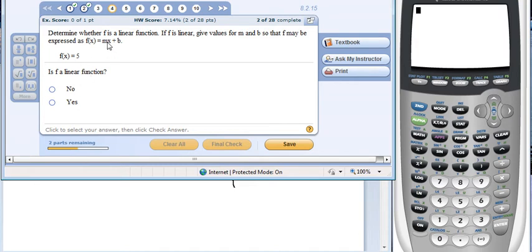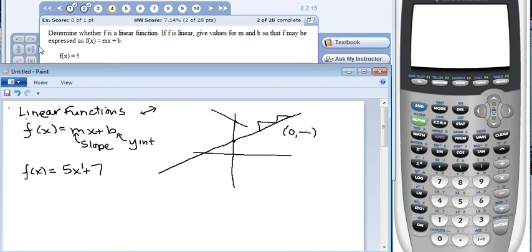Now this one's missing the mx piece of it. But I can always rewrite this. Let's say I have f of x equals 0x plus 5. Is that the same as f of x equals 5? Because 0 times anything is 0, and 0 plus 5 is 5.